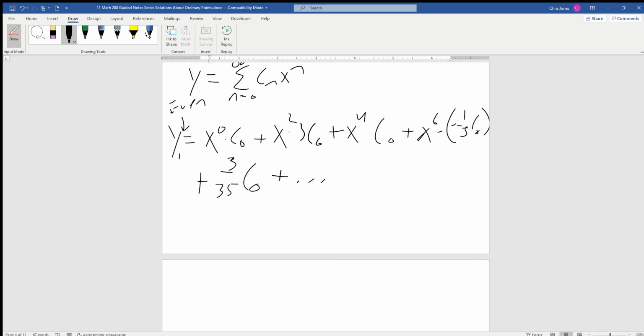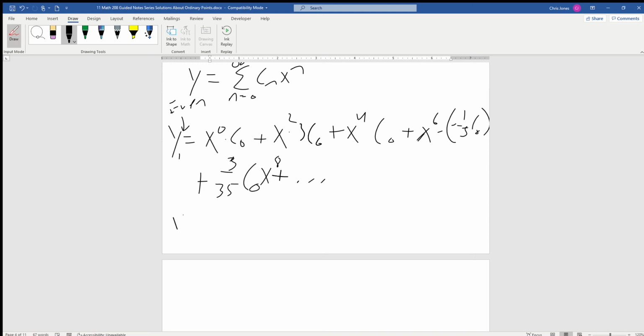We could just keep using the generating function to get, there should be an x to the 8, excuse me. All right, but we could get x to the 10, x to the 12. But remember, we looked at the idea that we ended up, I think, with like a 4th or 5th degree polynomial, and it did a pretty good job modeling the function earlier, right?